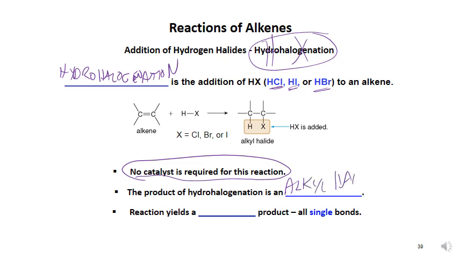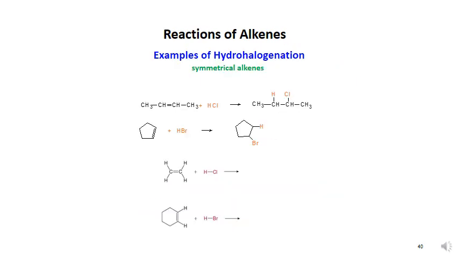meaning just a halide. Sorry about that. So basically it's just an alkane with a halogen substituted off it. And again, saturated. No double bonds. All single bonds. Cool? Cool.